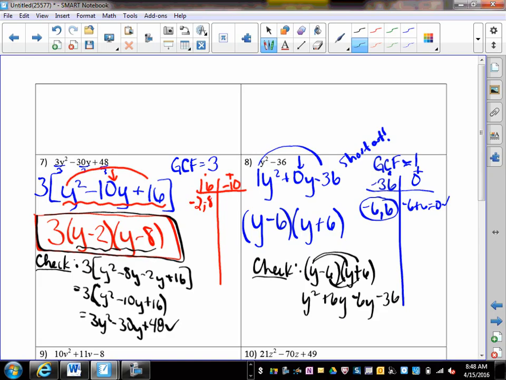What can we combine together? 6y and negative 6y. That gives me 0, so we don't write anything there. Minus 36. Some of you guys on your last test were writing a y with a 0.